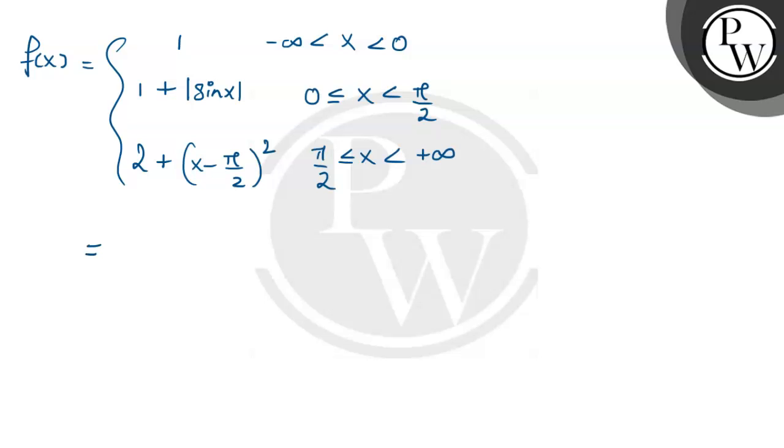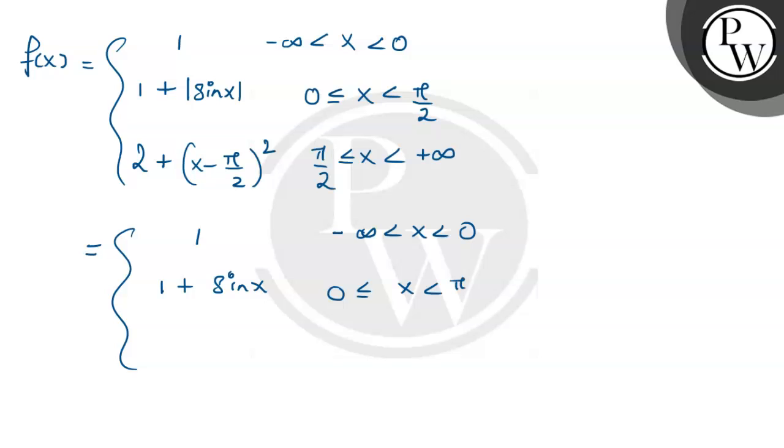So fx can be rewritten as 1 for values of x in the interval minus infinity to 0, then 1 plus sin x for x in the interval 0 to pi by 2, then 2 plus x minus pi by 2 the whole square for x in the interval pi by 2 to positive infinity.